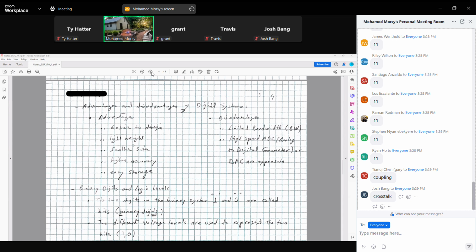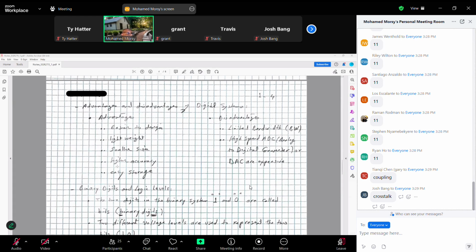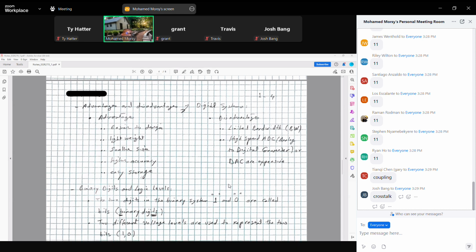And consequently, the weight is light. In most digital equipment, you can see the weight is light. The size is also smaller, accuracy is higher, and storage is easy. So these are examples of why it is better than analog.